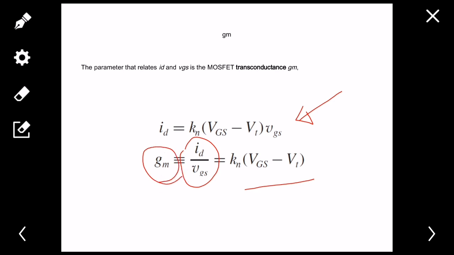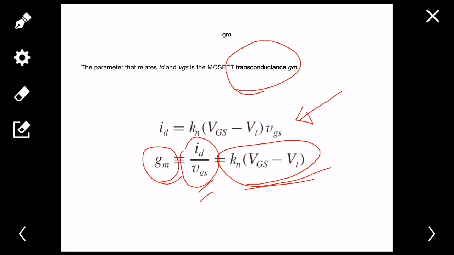So what is GM? GM is actually transconductance. See why such a name is given to GM, because resistance is voltage over current, and this is current over voltage, that means conductance. So it has some conductance portion to it, and as VGS is input and ID is output, it is the transfer characteristic. So GM is transconductance, and the equation is Kn into VGS minus VT.